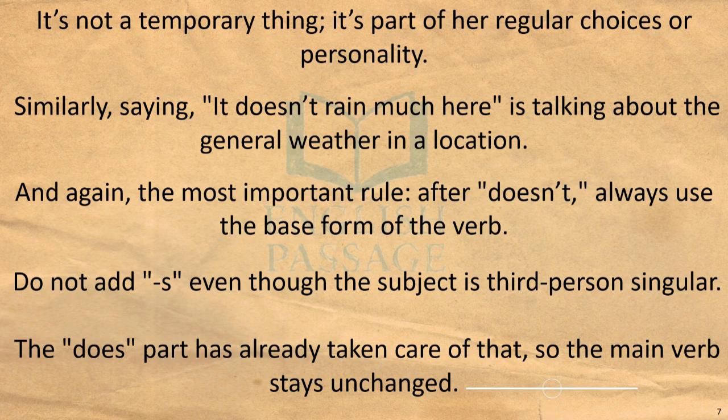Similarly, saying, it doesn't rain much here is talking about the general weather in a location. And again, the most important rule, after doesn't, always use the base form of the verb. Do not add s even though the subject is third person singular. The does part has already taken care of that, so the main verb stays unchanged.